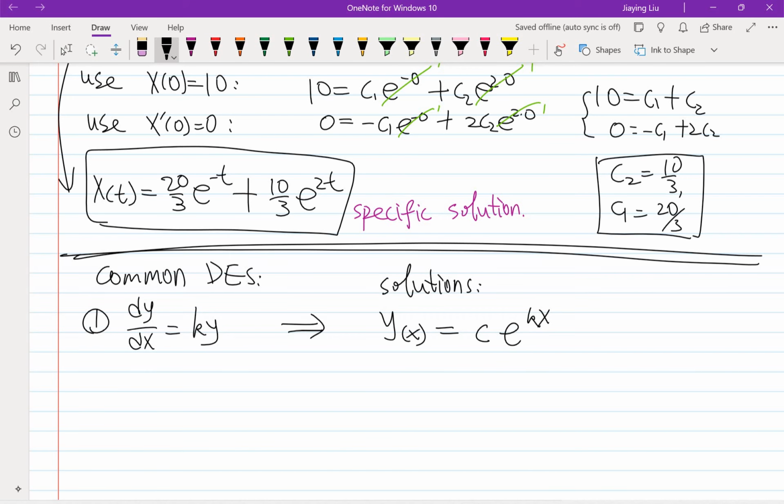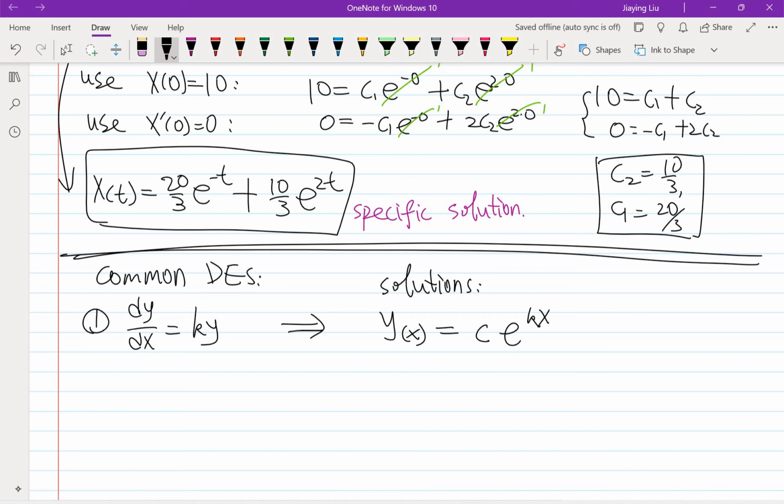So if you have some differential equation, for example, dy dx equals 5y, then the solution will look like this, except that's a 5. If you have k equals 10, you always have this.